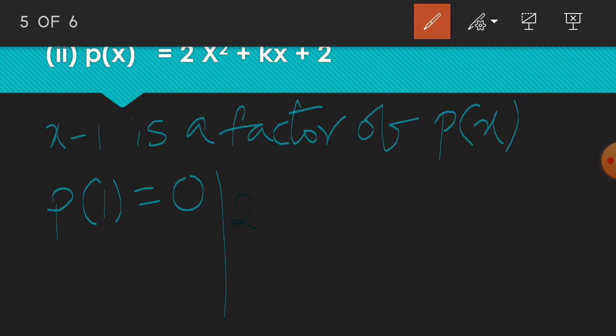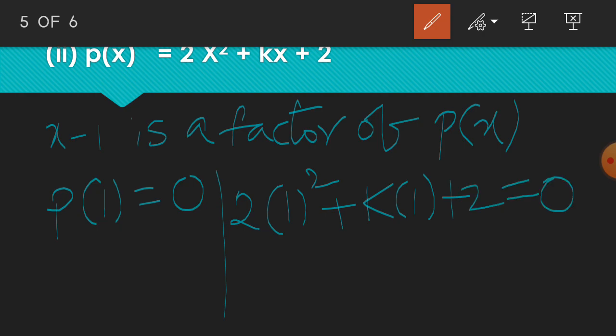Now 2 into 1 square plus k into 1 plus 2 equal to 0. 2 into 1 square is 2, plus k into 1 is k, plus 2 equal to 0.